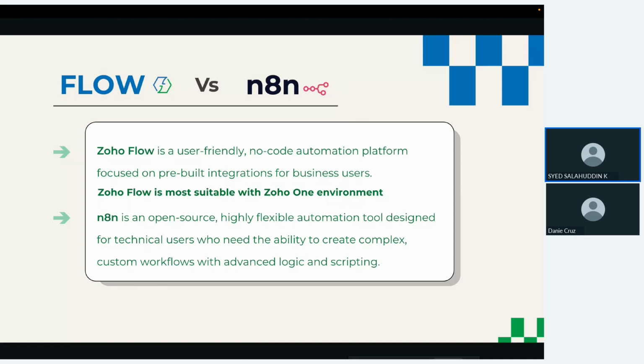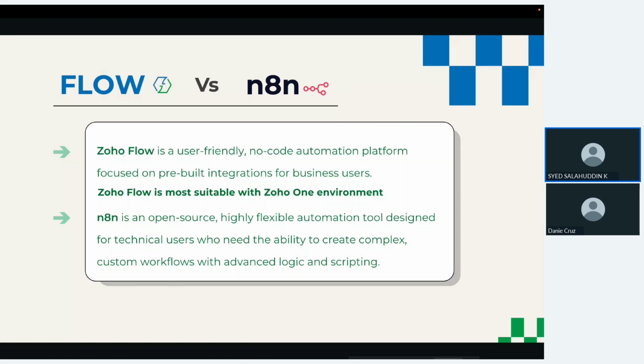As for the major pros of Zoho Flow, I can say that it has a user-friendly interface, and it has pre-built integrations. So to sum up, the major difference between Flow and n8n is that Zoho Flow is a no-code automation platform focused majorly on business users.